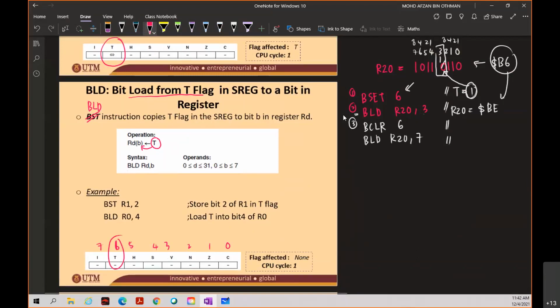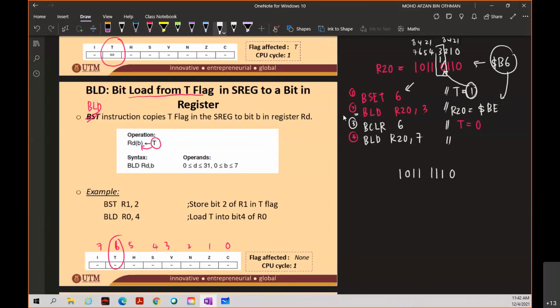Clear the T flag. Okay, you clear your T flag. Then for instruction 4, you're going to load the value of your T flag to bit 7 inside your R20. Now our current value of R20 is 10111110.